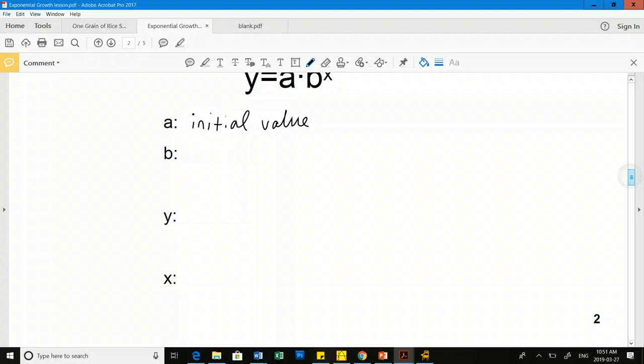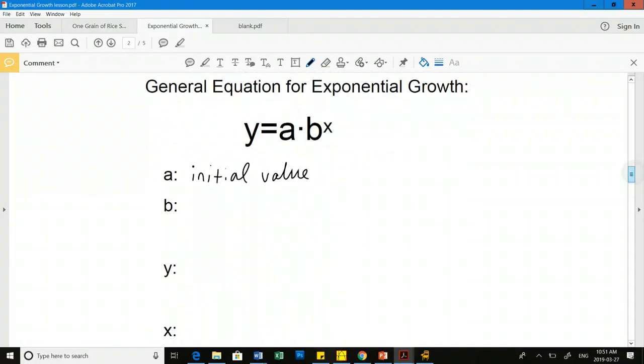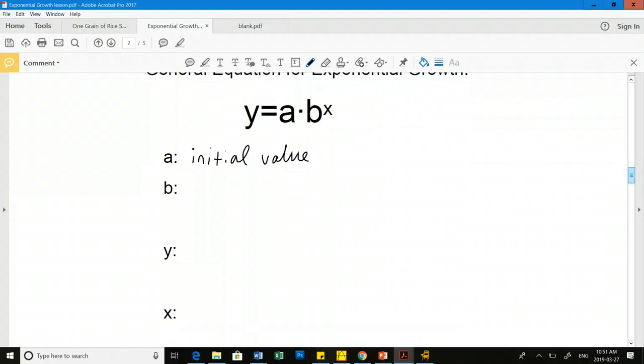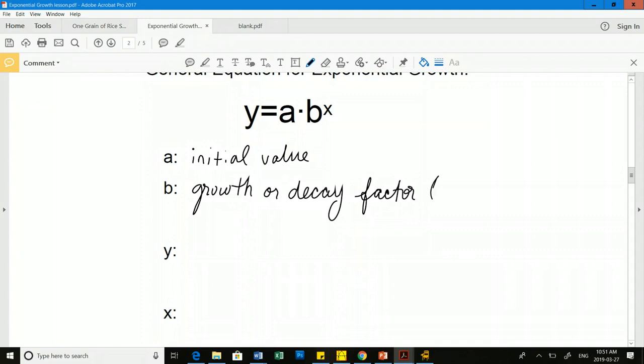Now here today we're only dealing with growth, but because I'm breaking this down for you guys, I'm also going to say decay for now. Okay, and what I'm talking about is, are we doubling? Are we tripling? Okay, it could be anything.